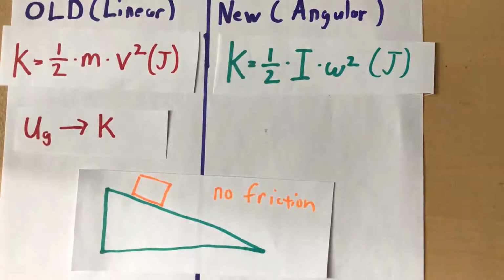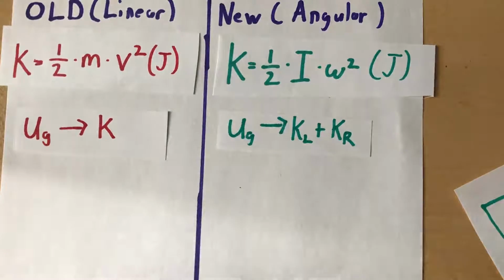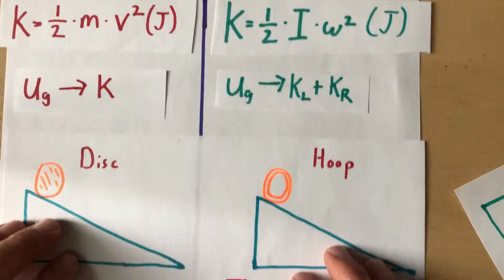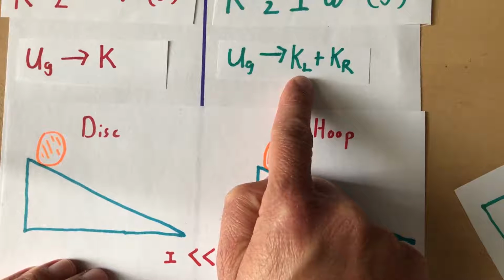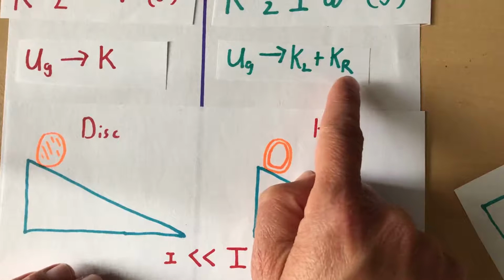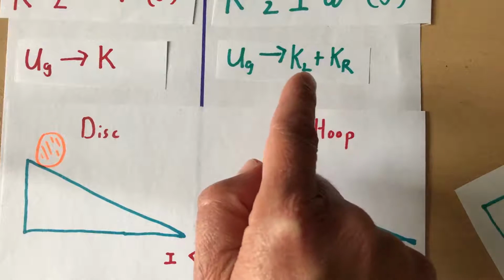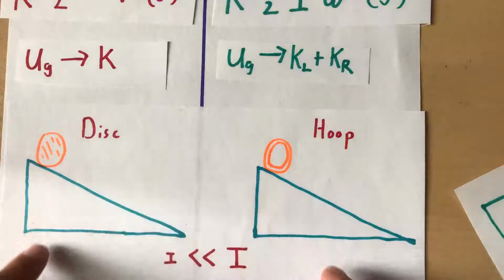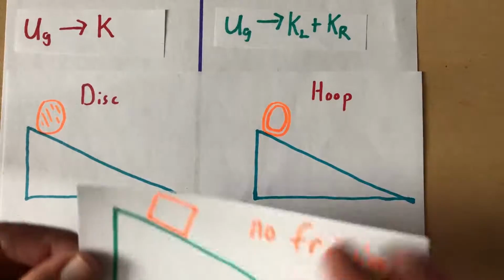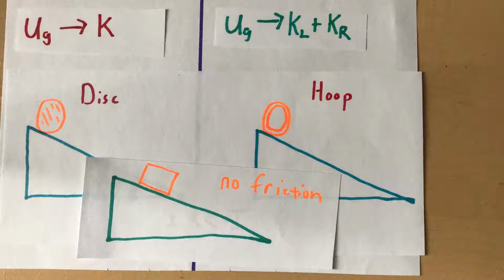But when we go down a hill and we are rotating, like with the disc and the hoop, then our gravitational potential energy is not only going into linear kinetic energy or translational kinetic energy, it's going into rotational kinetic energy. So since some of the energy is now bound up in rotating, then that means there's less energy available to move to the side. So both the disc and the hoop must be going slower; not only will they take longer to get to the bottom, but they will be going a slower speed when they get to the bottom because of that as well.